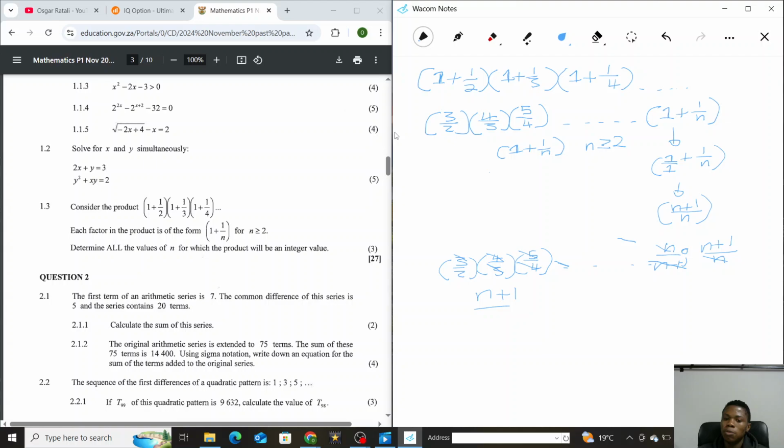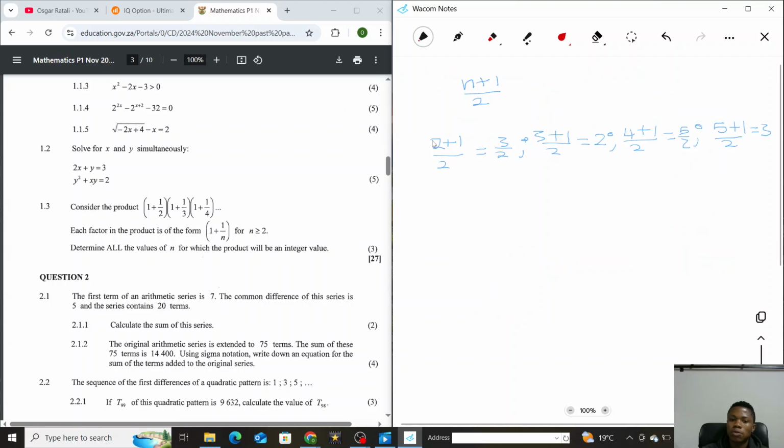Okay, I realized that when I substitute an even number, I find a fraction.